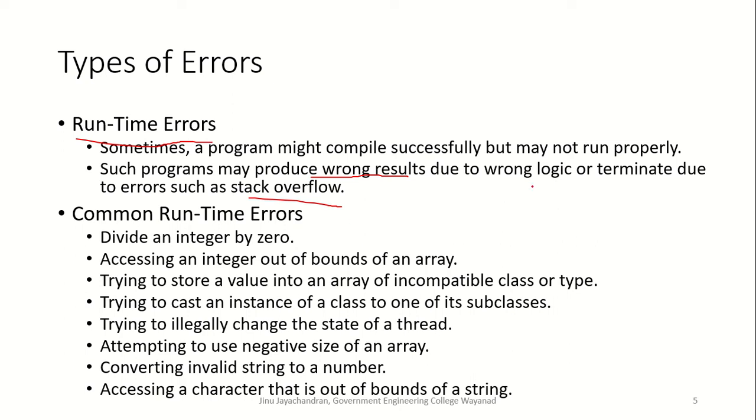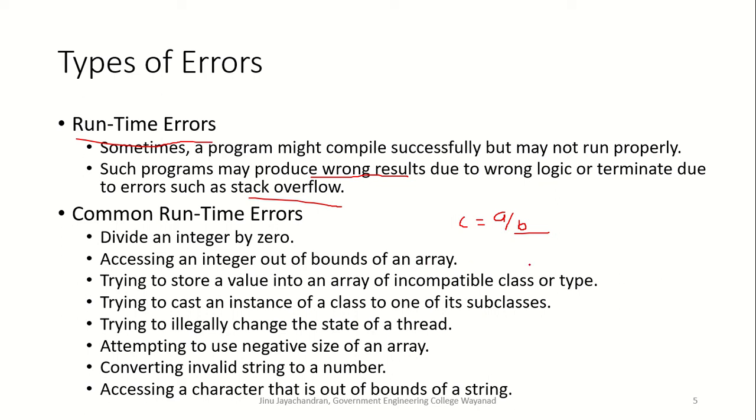You might have a statement in which a by b is assigned to c. Now when you run the program, it might be possible that b takes a value equal to 0, which you might find out only after execution. This causes a runtime error. Another is accessing an integer array out of bounds.